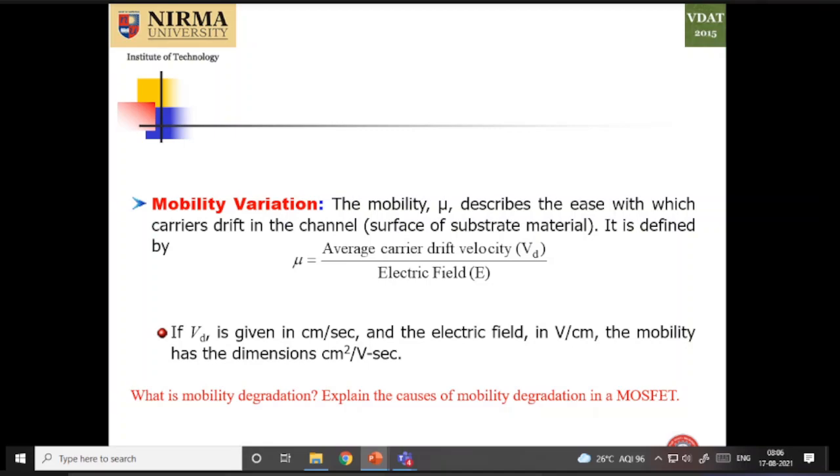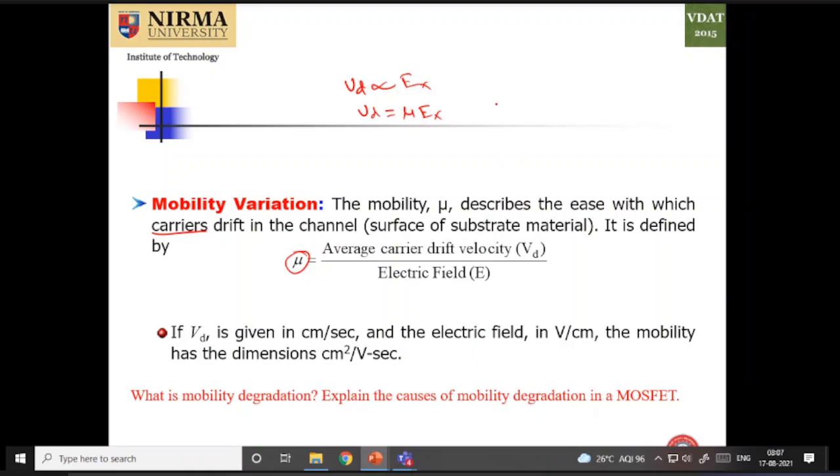Mu is the mobility, or in other words, you can also write that drift velocity Vd is proportional to electric field E. Sometimes we write Ex also, because this drift velocity is in the parallel or lateral field, that is because of the VDS, and this mu is considered as the proportionality constant.